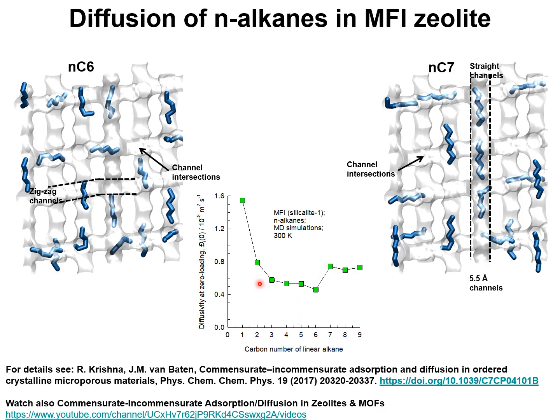To understand this, we need to look at computational snapshots showing the conformations of normal hexane and normal heptane within the intersecting channel structures of MFI zeolite. The length of a normal hexane molecule is commensurate with the distance between the intersection sites, this one and this one.